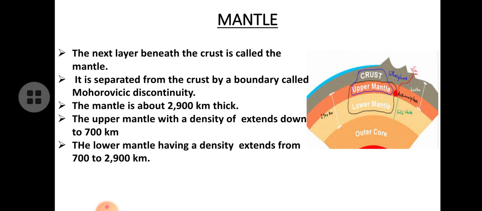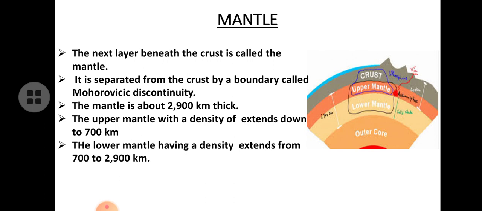The boundary between crust and mantle is called Mohorovicic discontinuity. That is the border between the crust and mantle. And the thickness of our mantle is about 2900 kilometers.